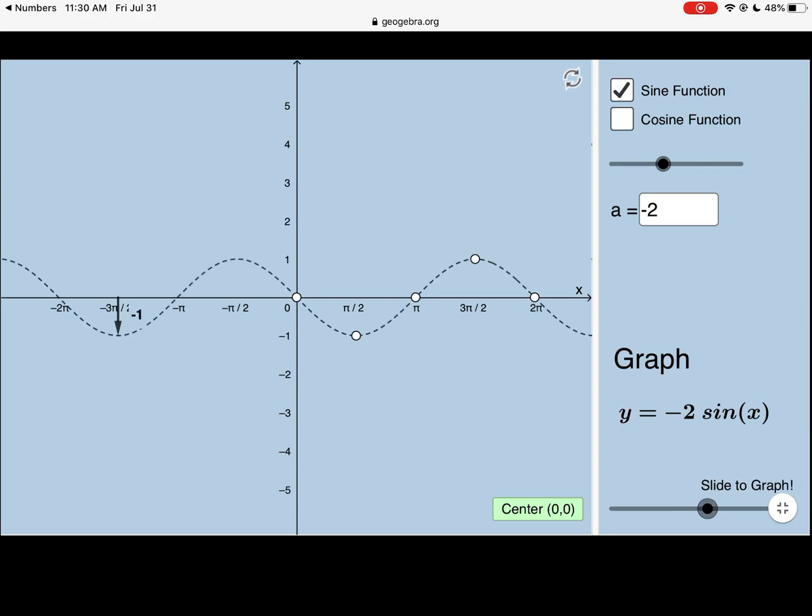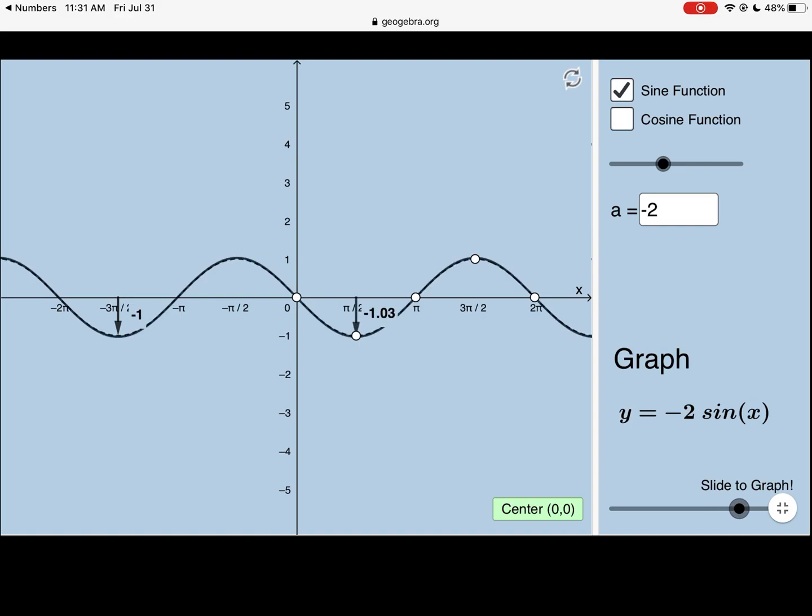It shows the amplitude is -1, but actually amplitude is a distance, right? So you're moving 1 unit in the negative direction from the midline to get to that low point, okay? But I would say the distance you've traveled is +1 unit. So amplitude here is +1.